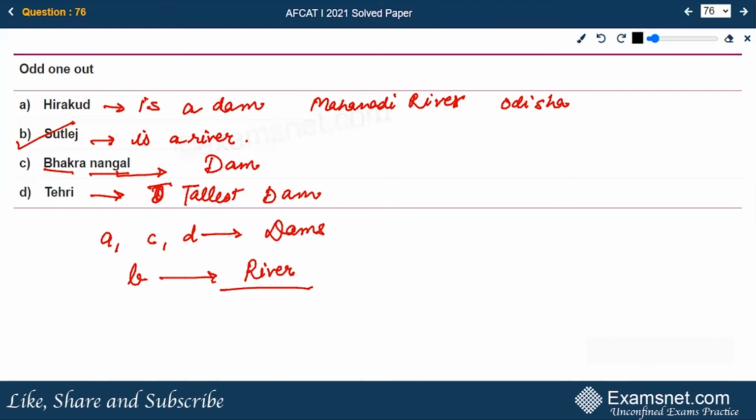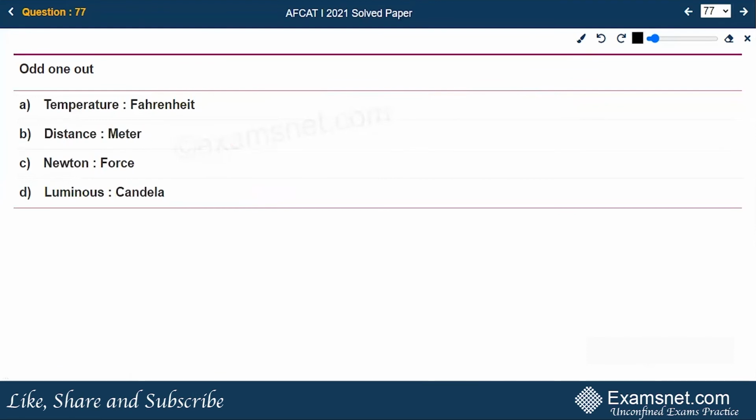Next, question number 77. Again, you have to pick the odd one out. Options are temperature, Fahrenheit; distance, meter; Newton, force; luminous, candela. Fahrenheit is a unit of temperature. Similarly, meter is the unit of distance. Newton is the unit of force.